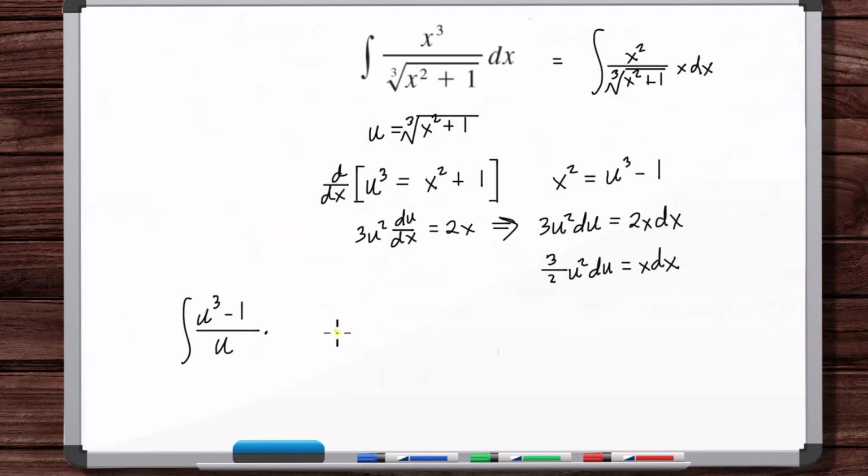And then x dx is 3/2 u squared du. So we can take out the 3/2. u squared times u cubed plus 1 is u to the 5th minus u squared. There you go.